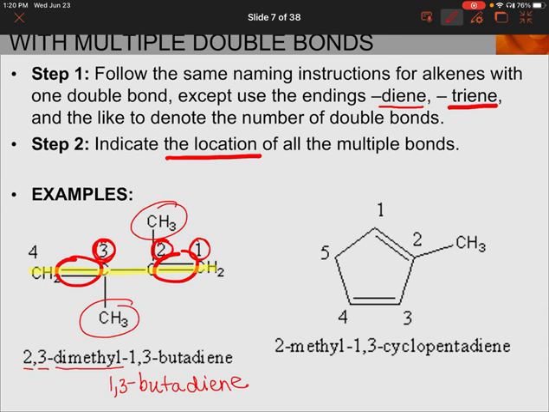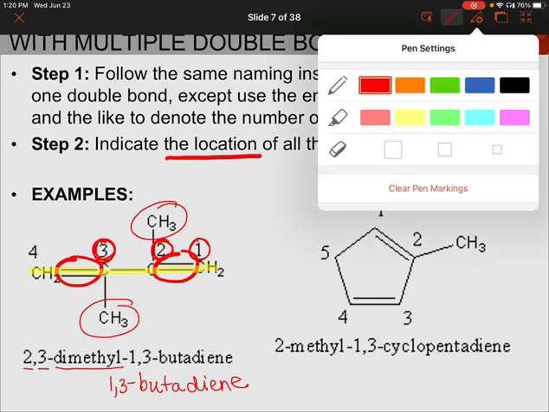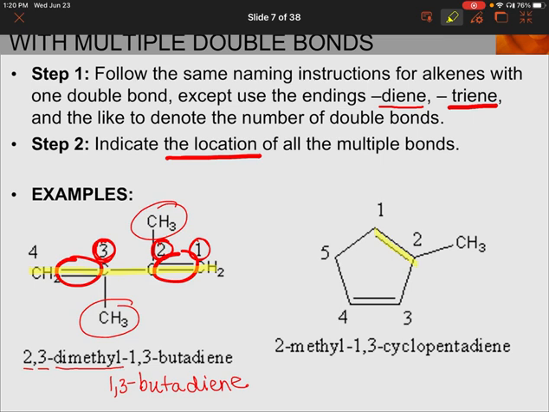Let's look at a cyclic example, so a cycloalkene. And this one has 2 double bonds. So when you're numbering the double bonds, again, you want to make sure that you're giving each double bond the lowest numbers possible.